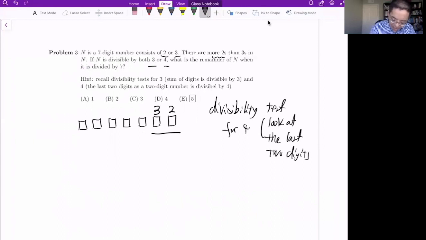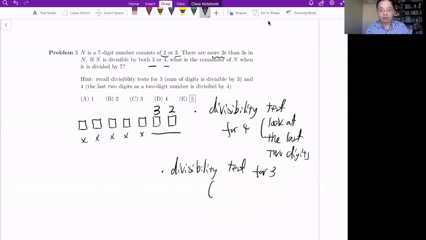All right, so now we just need to see how to put numbers for the remaining 5. For that, we use the divisibility test for 3. We look at the sum of digits, which should be divisible by 3.